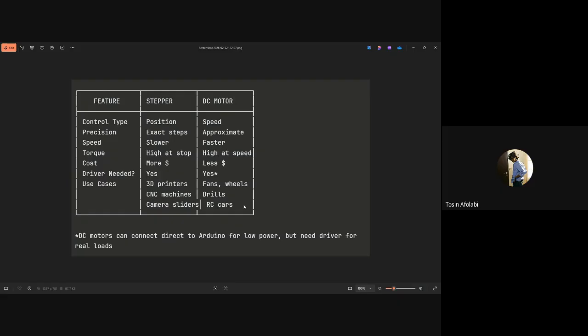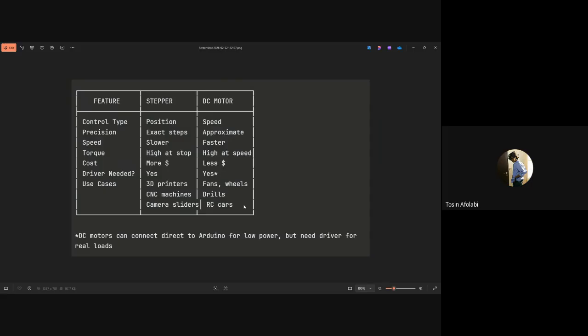The other difference is precision. It still boils down to the explanation I made earlier. A stepper motor has about 200 steps per revolution. That's the typical number. It could be more or less, depending on the kind or version you get.